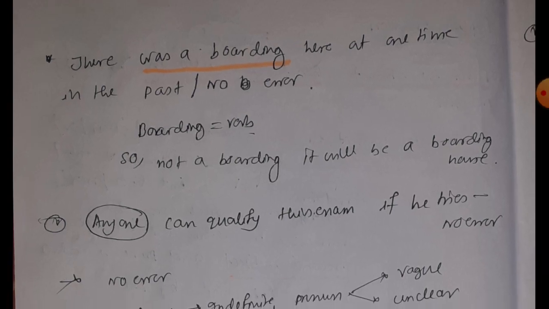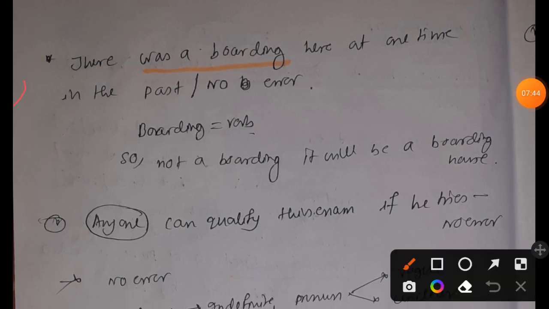So now let's talk about the next one. There was a boarding here at one time in the past. You have to find the error. Let me tell you, the word boarding is a verb here, but we want to use boarding as a noun.